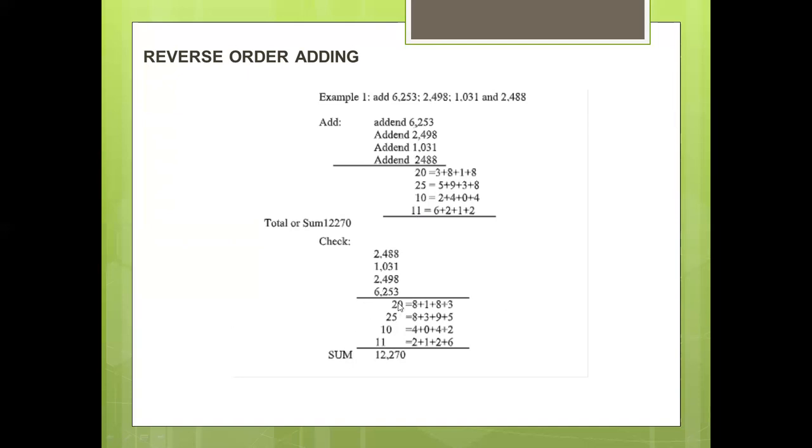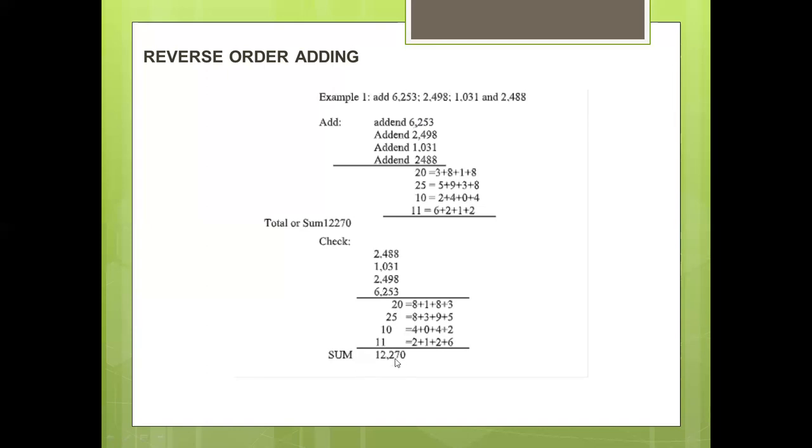So if we are going to arrange the sum that we had, we will be arranging from its place value, following the arrangement that we have from the example. So we have 20 here at ones, and then we will be putting 25 in our tens, and then 10 in our hundreds, and 11 in our thousands.